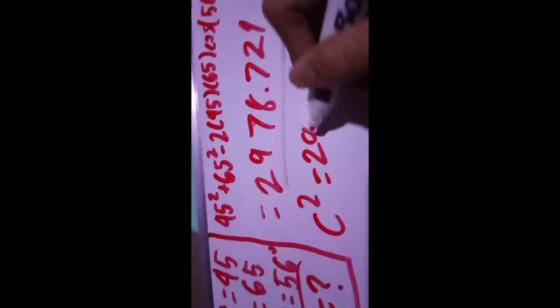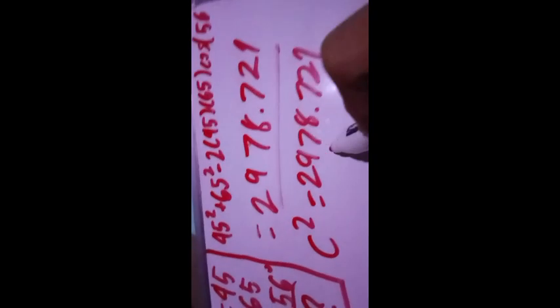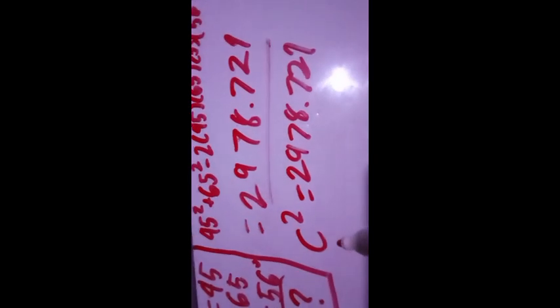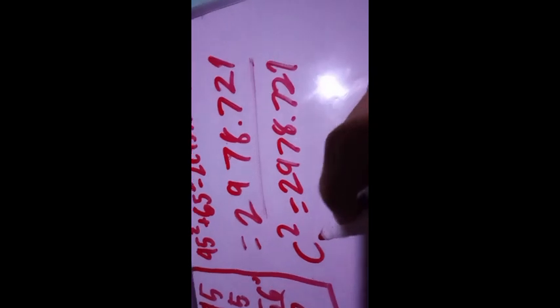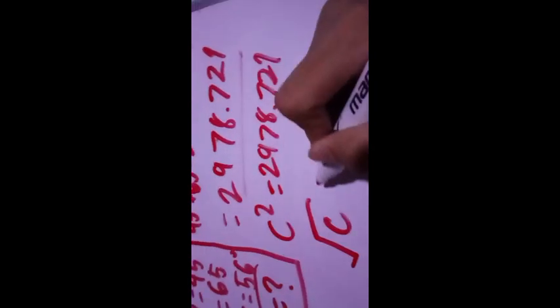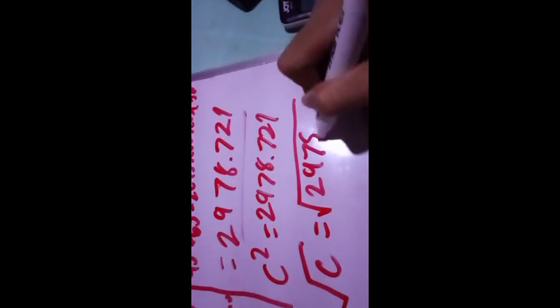Now C squared equals 2978.721. Since we want to make this C squared into C, we use this. C equals the square root of 2978.721.